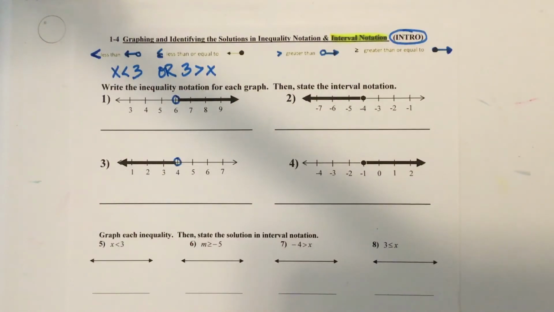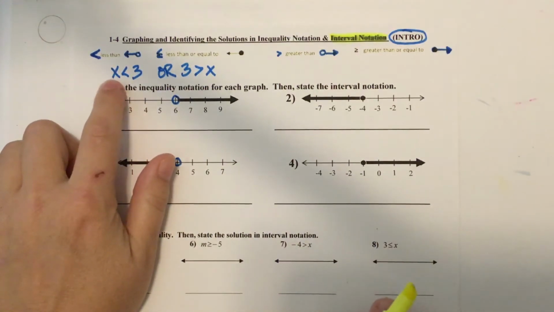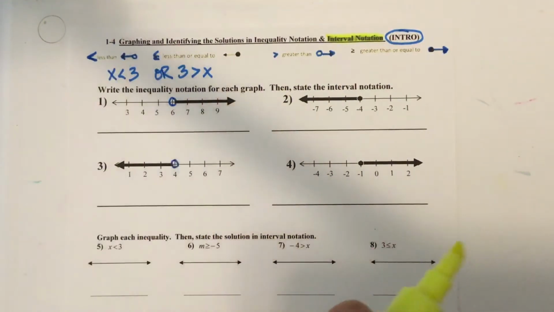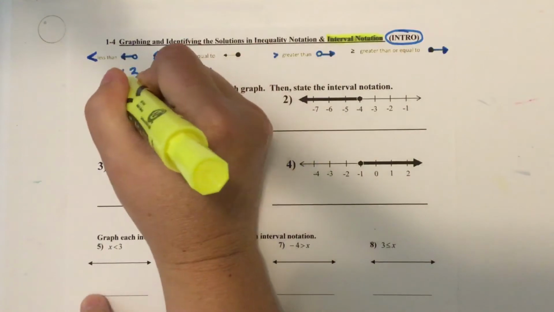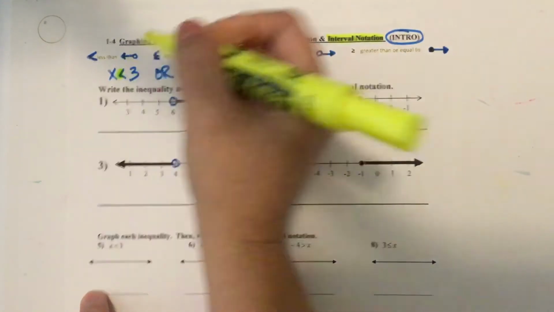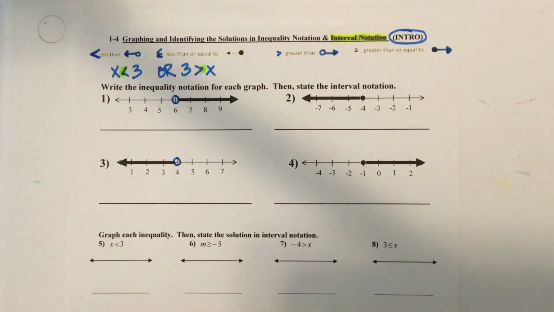So what I need you to be aware of, because it's going to be very important in the next few lessons, is that you're able to read these when the x is on the left and when the x is on the right. Okay, so what you need to know is that when the pointed end, the little pointed end of the symbol, is facing the variable, that is less than.